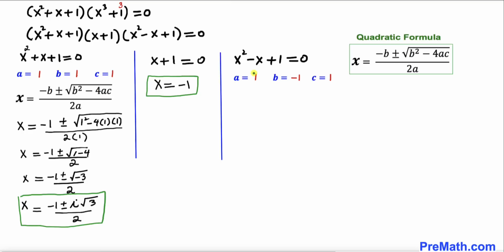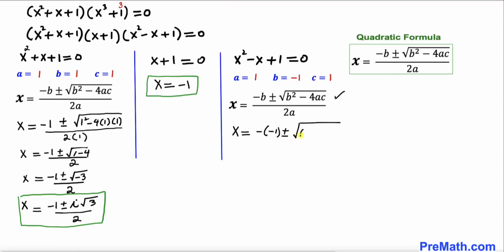In this case a equals 1, b equals -1, and c equals 1. Let's fill in the blanks: x equals minus b, and b is -1, plus or minus the square root of (-1)^2 minus 4 times 1 times 1, all over 2 times 1. Let's simplify furthermore.